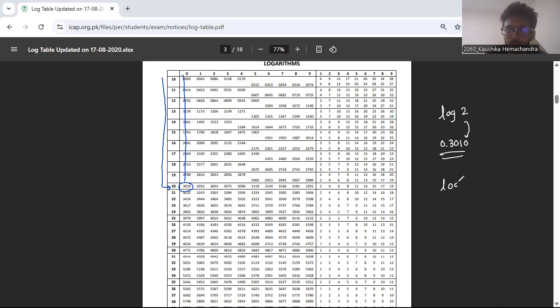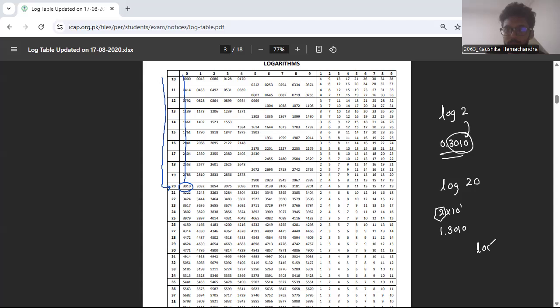Then if it was log 20, 20 can be written as 2 into 10 to the power 1 point something. It can be written as 2 into 10, so you start off with 1, because there is 1 power for 10, and then it's just the 2 written in log form. So 1 point, this is 2, 3010.